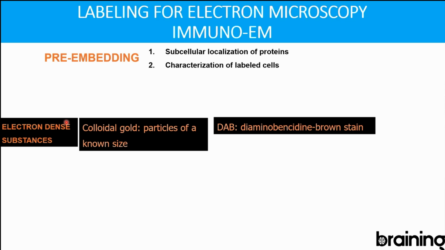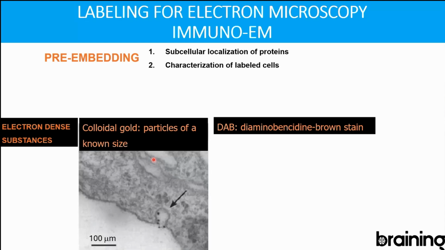Okay, but in this case, the electron-dense substances that we are using for the pre-embedding method can be two of them. It can be colloidal gold, which are particles of a known size. I'm going to show you a picture of this. Okay, so for example, this is a cell, and here you can see some dark particles, which are actually gold particles, and the ones that I'm using are of a particular size.